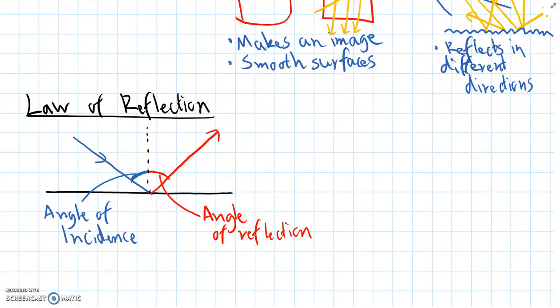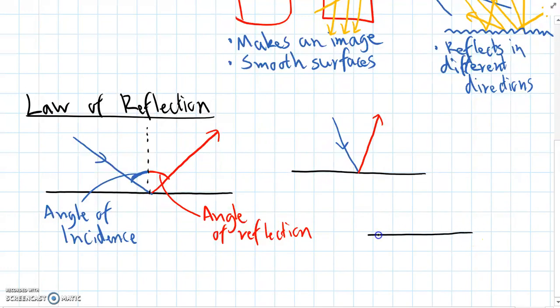So, in another example, if we have a mirror and the light comes in at a really steep angle, then according to the law of reflection, the light will also leave at the same steep angle away from the mirror. And another example, if the light comes in at a very low angle, it will hit the mirror and reflect off at a low angle as well.